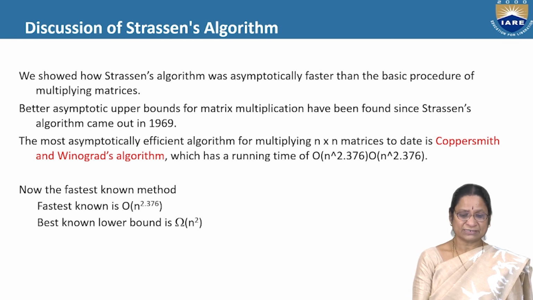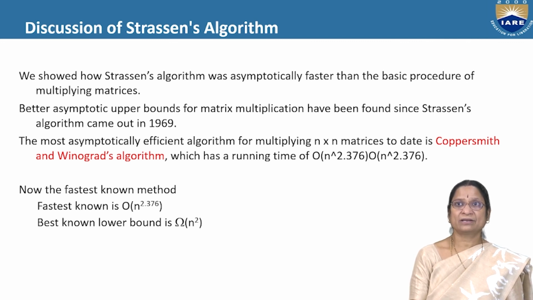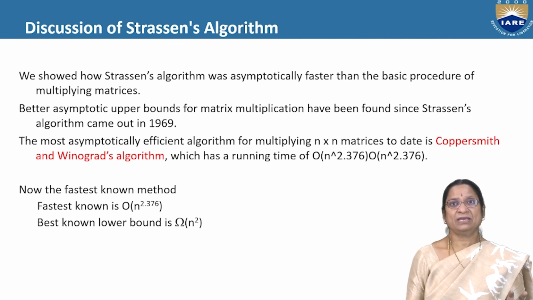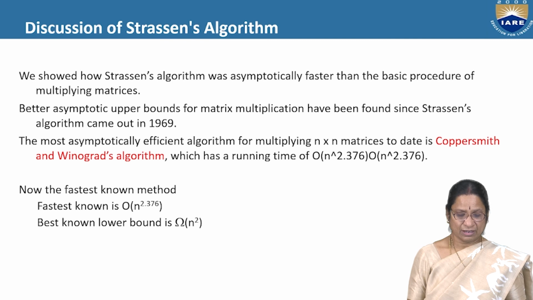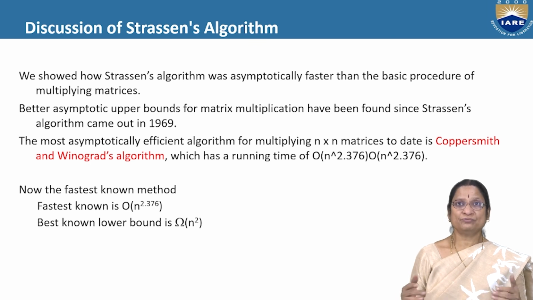The most asymptotically efficient algorithm for multiplying n by n matrices currently is designed by Coppersmith and Winograd, which has a running time of n power 2.376. So the fastest known method has n power 2.376, with the best well-known lower bound being omega n square.